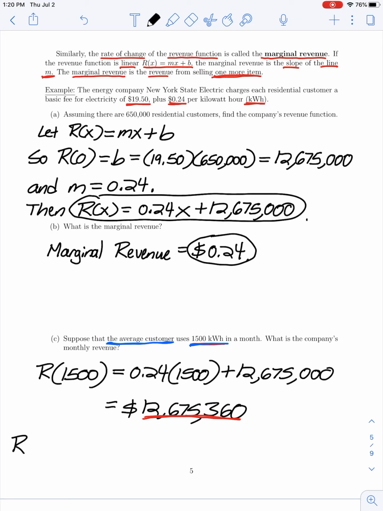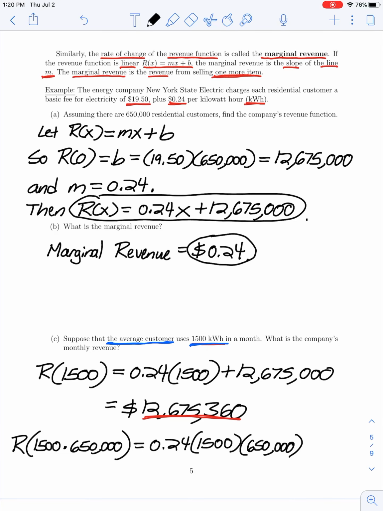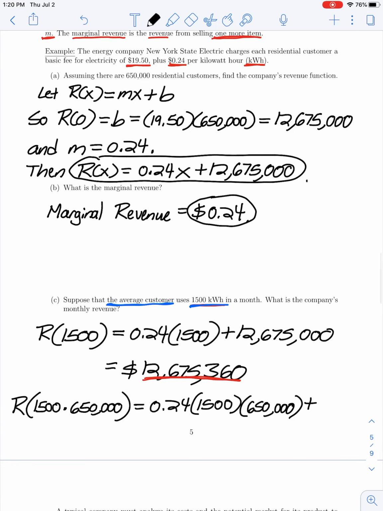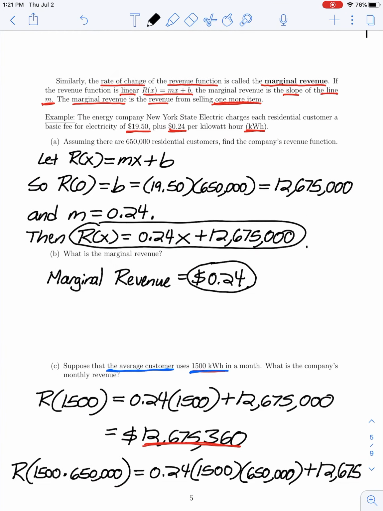So we may also want to interpret this as 1,500 kilowatt hours times the number of customers, which would give us a value of 0.24 times 1,500 times 650,000 plus the fixed revenue of 12,675,000.